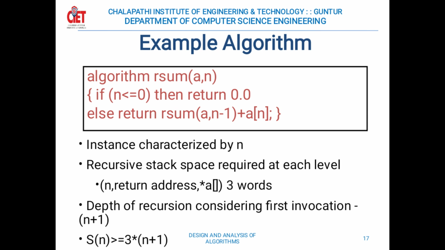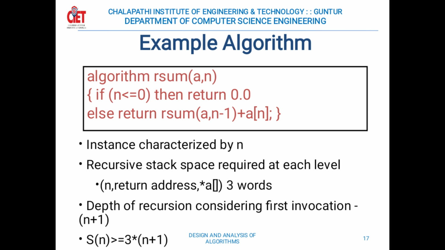Take down another example. The same program, summation of n elements of an array, using a recursion, or rsum. Here first we verify the n value. If n is less than or equal to 0, that means the array contains only one element, return A of 0.